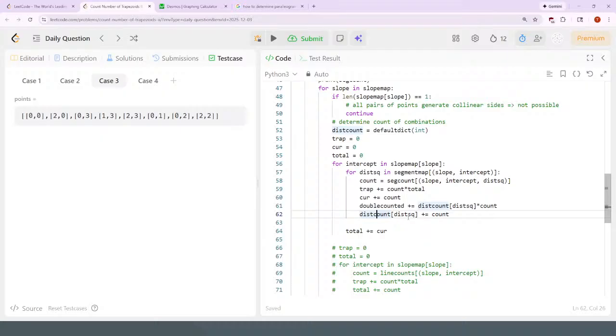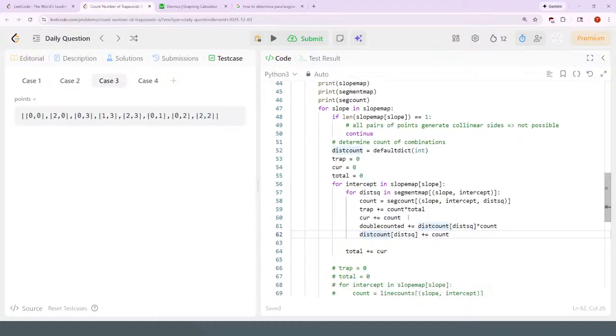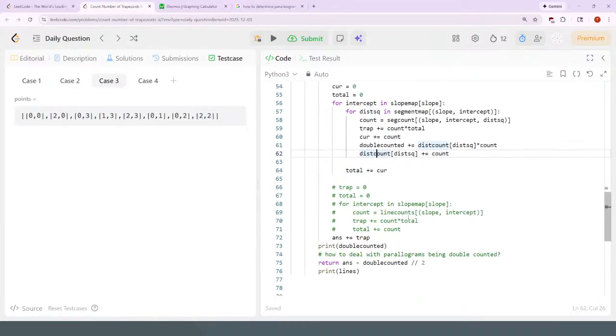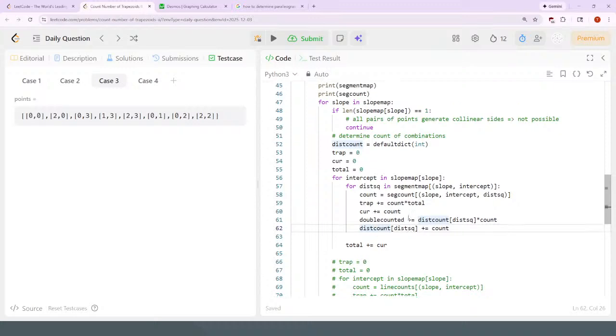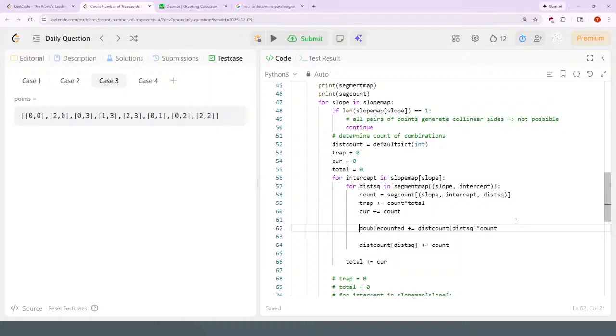So the double count would include those things. Go ahead and say that this is the doubled.